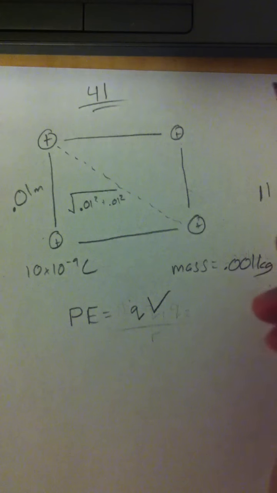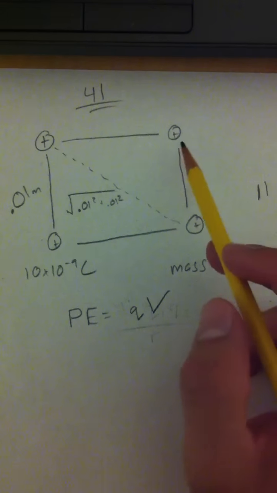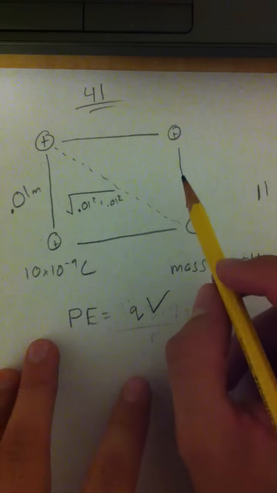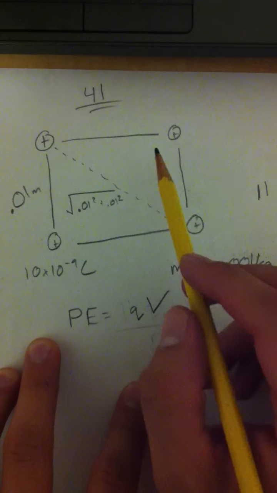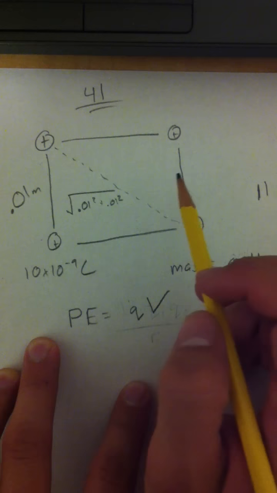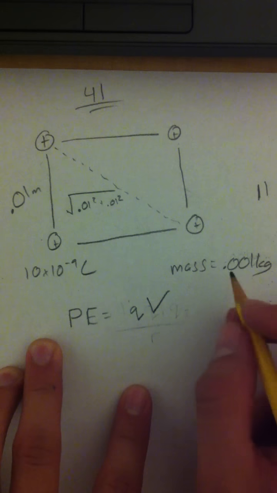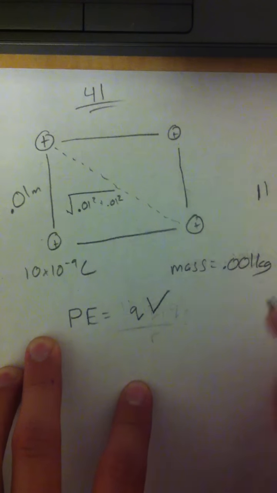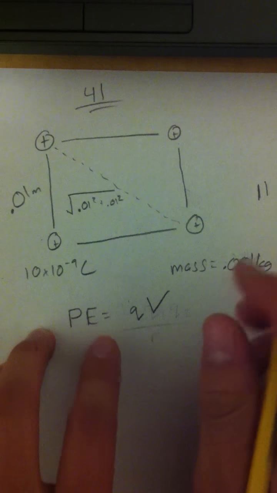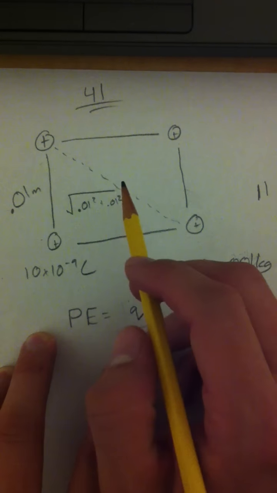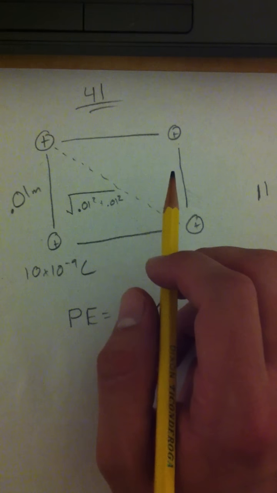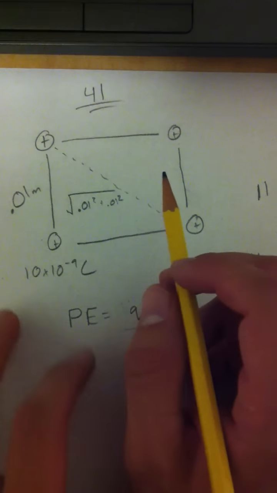Okay, so this week I have problem 41 assigned to me, and pretty much this problem is giving us a system like this with 4 different positive charges with a mass of 0.001 kilograms, and from this we have to find the final velocity they're going to have as they're allowed to move away from each other.